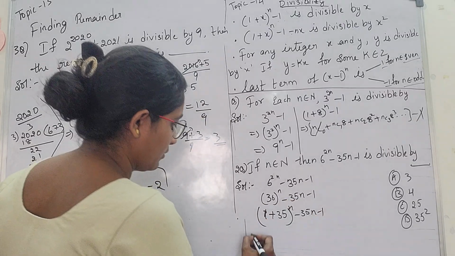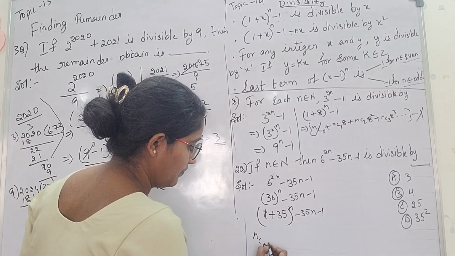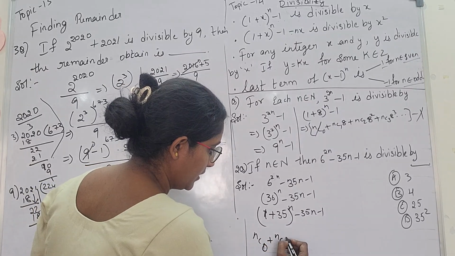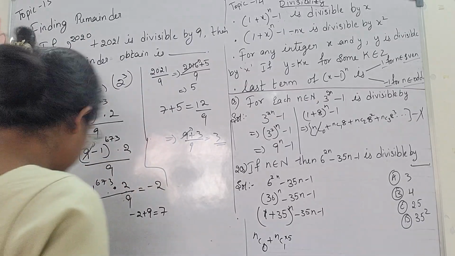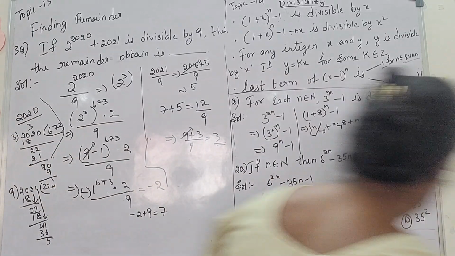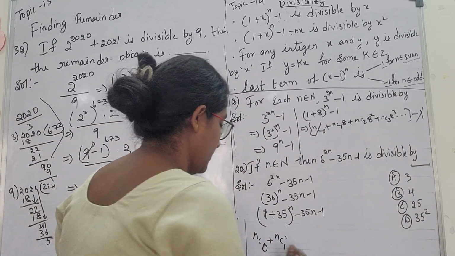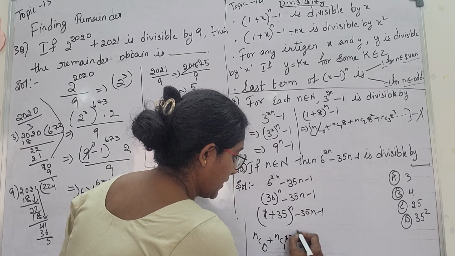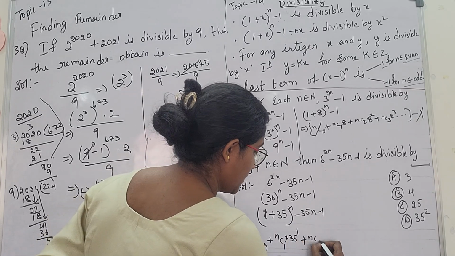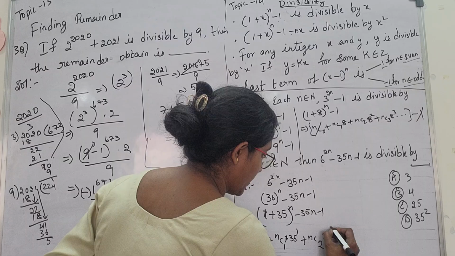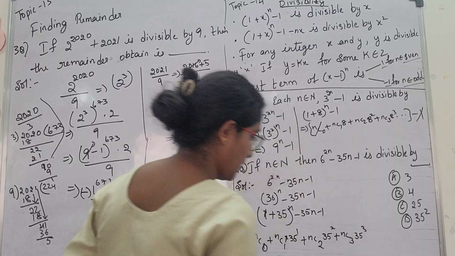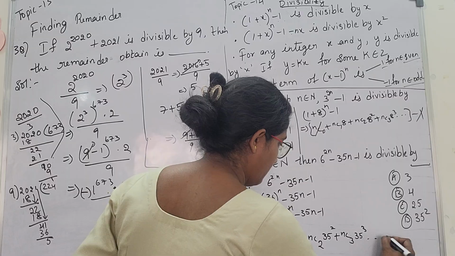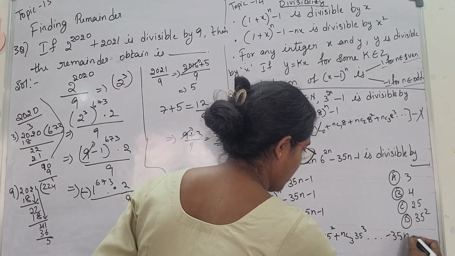If I expand this one also, nC0 plus nC1 into 35 power of 1, plus nC2 35 power of 2, nC3 35 power of 3, right? So on, minus 35n minus 1.